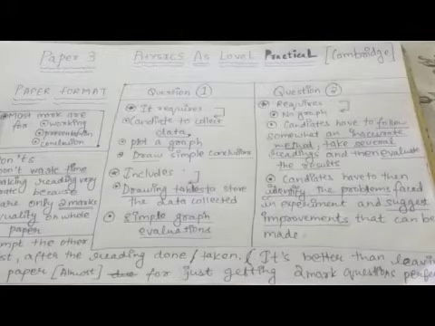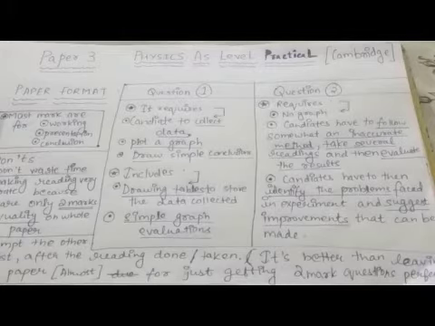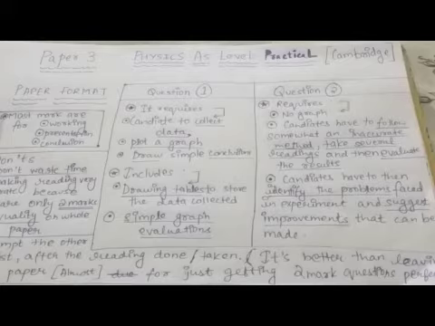There are two questions in the paper: question number 1 and question number 2. Question number 1 requires the candidates to collect data, plot a graph, draw simple conclusions, and it also includes drawing tables to store the data collected and simple graph evaluations.